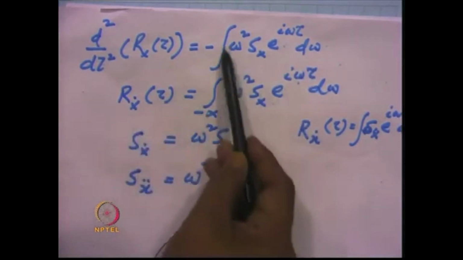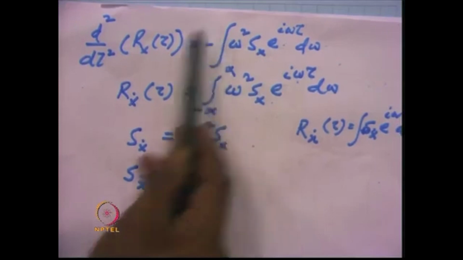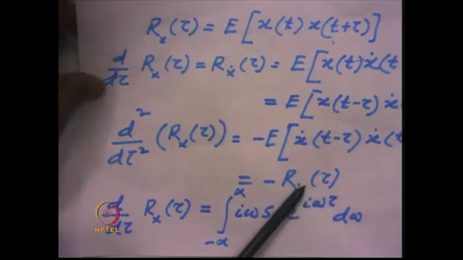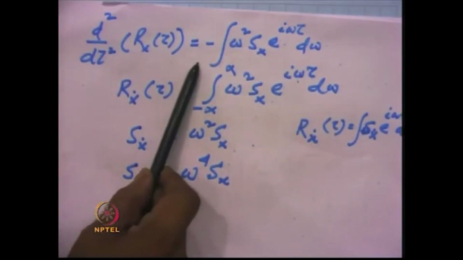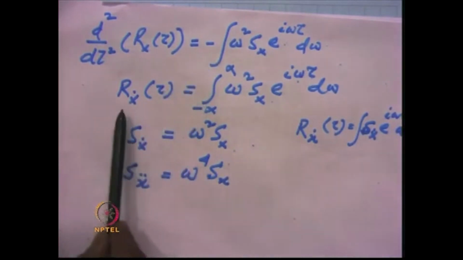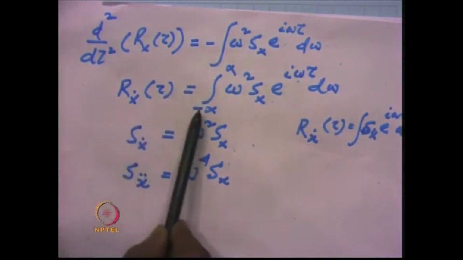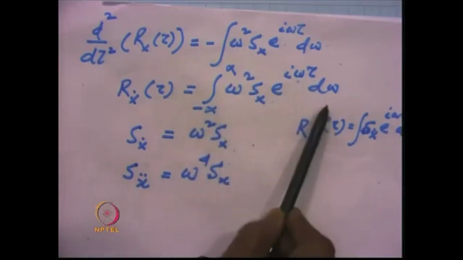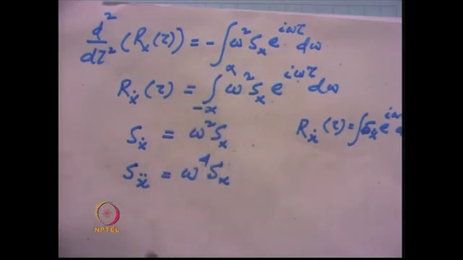Now, if I take this expression and the previous expression, that is d2 d tau 2 of r x tau is equal to minus r x dot tau, and equate, then it becomes r x dot tau equal to integral of omega square S x e to the power i omega tau d omega, minus infinity to plus infinity.